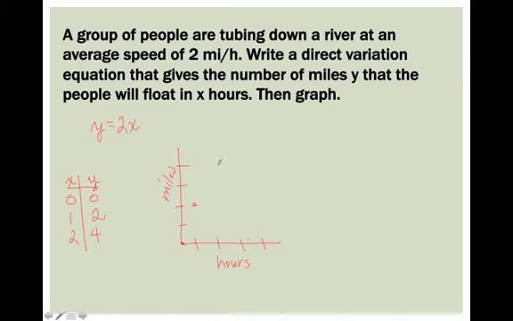At 2 hours I've gone 4 miles. So I'm going to be able to graph that line, assume that it was straight, to represent that direct variation. Notice, what is my slope? Yes, my slope is 2. So we've actually gotten a little bit ahead of ourselves.